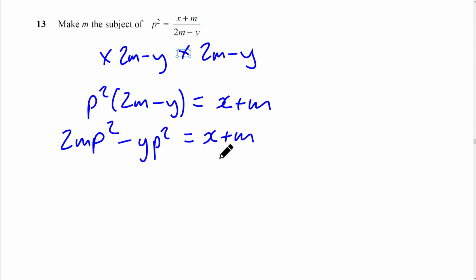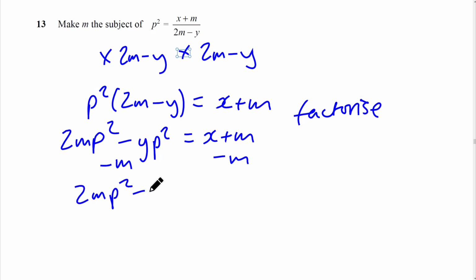We want all the m's on one side, so I'm going to minus m and minus m because we're making m the subject. We can get m on both sides, get them all on one side, and then factorise. So you get 2mp squared minus m. Now I'm going to jump a step and plus this yp squared over, equals x plus yp squared.